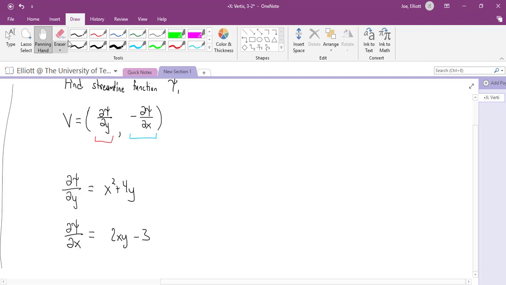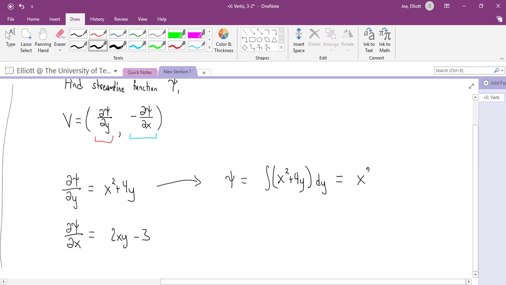So what we can do is we can take, maybe let's just take this first equation. So this is the partial of c with respect to y. So if I integrate this with respect to y now, I should recover the streamline function c. So we're just going to integrate x squared plus 4y with respect to y.